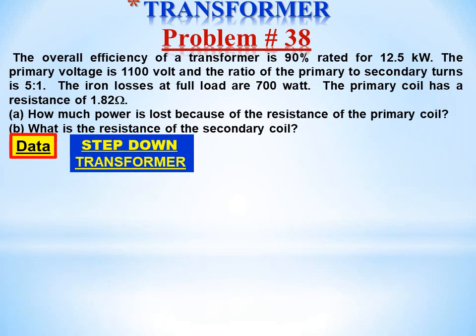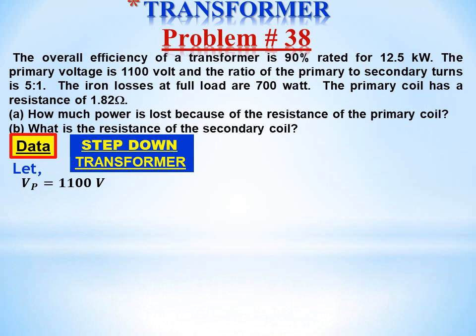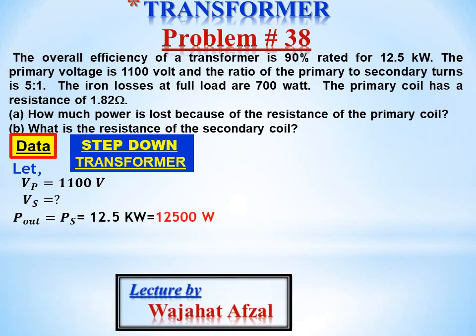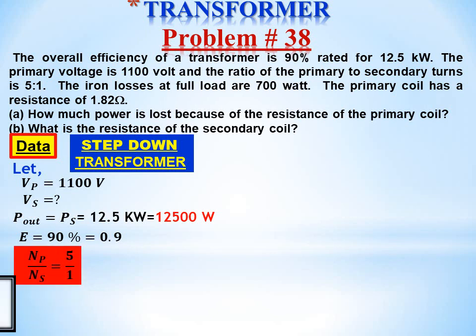As you see, it's a step down transformer. So let VP is 1100 volts and VS is unknown, and the power output is 12.5 kilovolts over there, and the efficiency is 90% or 0.9.